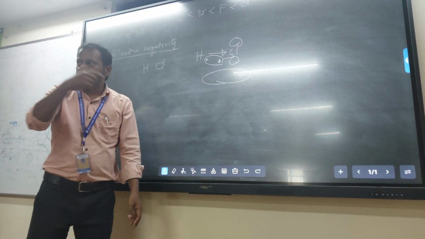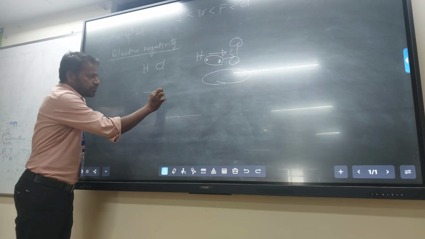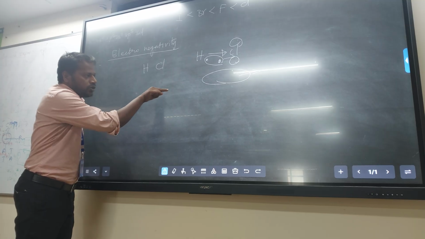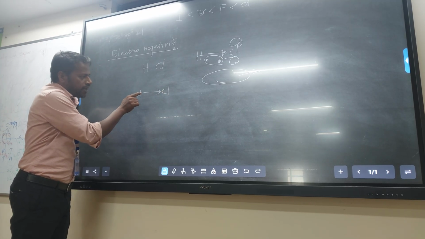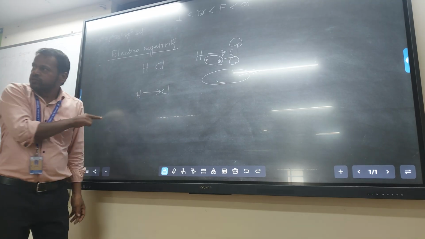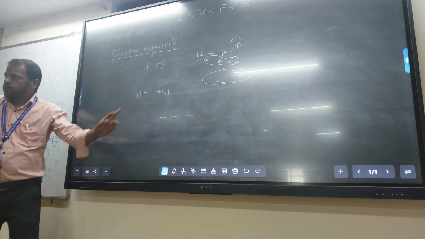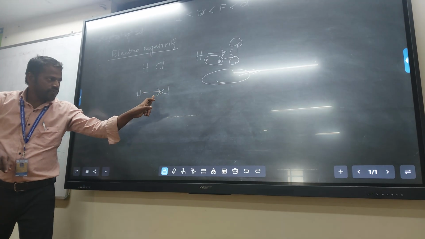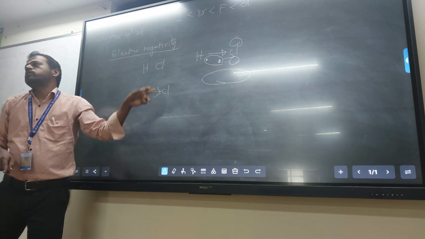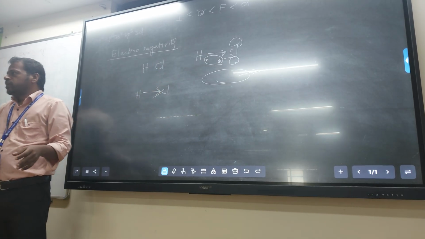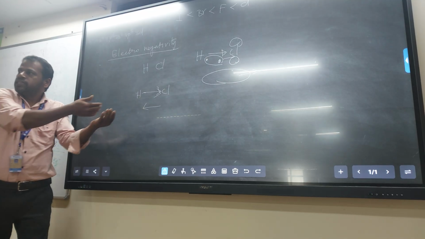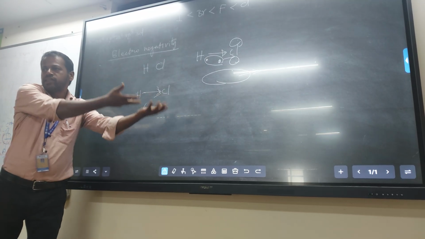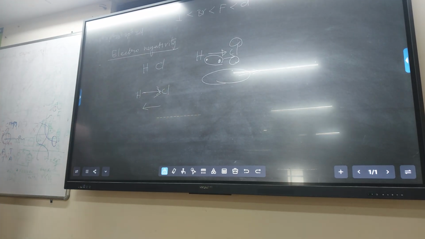That is the meaning of the arrow: towards this atom side there is more electron density than the straight line. So this arrow mark says where the electron density is more. If you draw the bond like this, it means this side has more electron density than the other side.